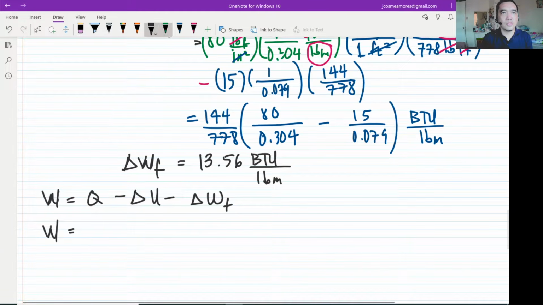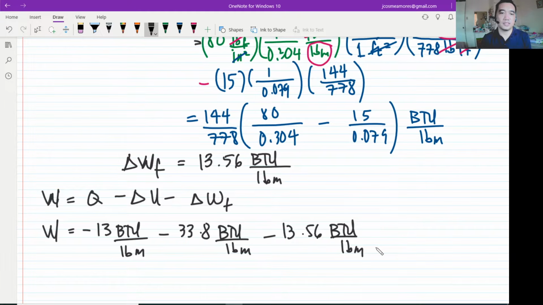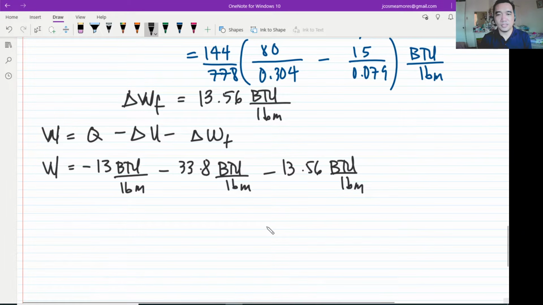So 13 BTU would be minus 13 BTU per pound mass. Then minus 33.8 BTU per pound mass. Then minus 13.56 BTU per pound mass. Okay? So the answer is negative.